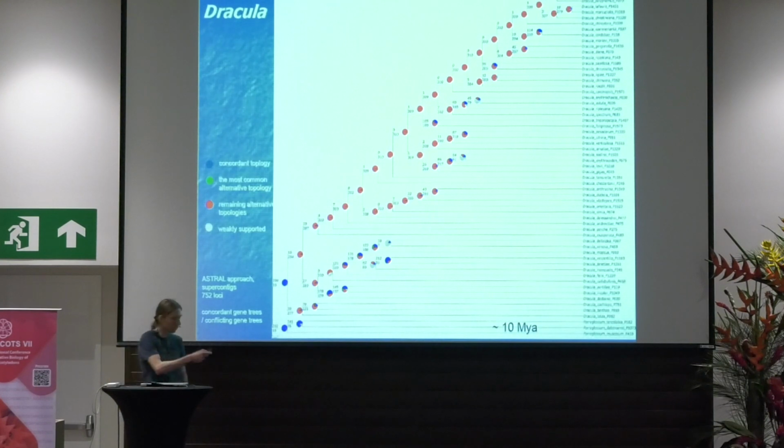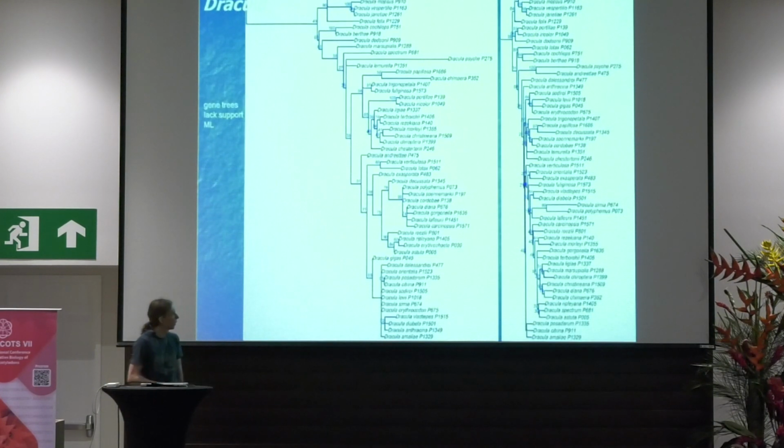Once again, I will skip some analysis which we did, but just very briefly, if you look at the gene trees, of which we have more than 700, these are just two randomly selected. They have really bad, poor supports.